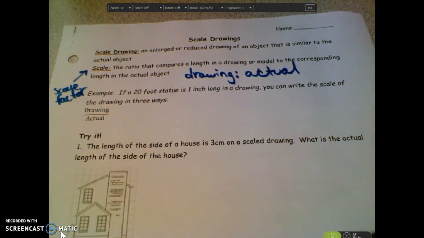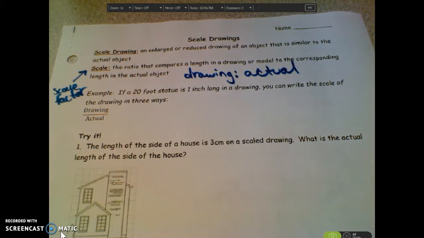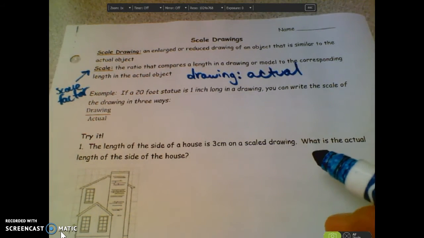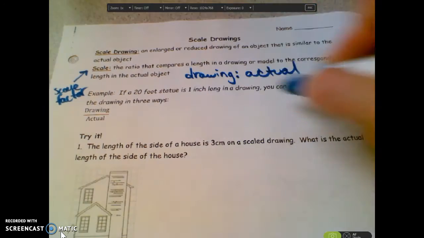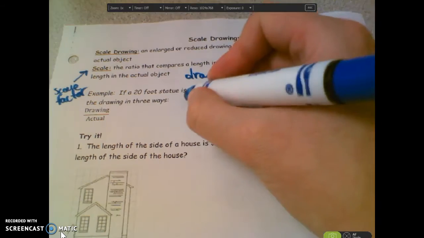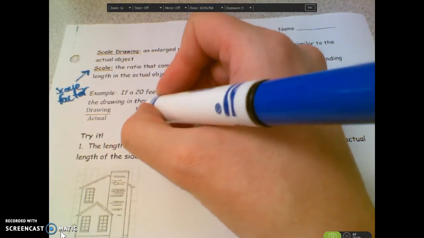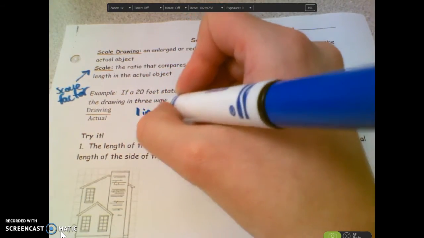Here's an example. If a 20-foot statue is 1 inch long in a drawing, you can write the scale of the drawing in 3 different ways, remembering that we need to put the drawing first and the actual second. When we talk about scales or scale factors, it's very important that we label. So the drawing is 1 inch. So we're going to say 1 inch to 20 feet.